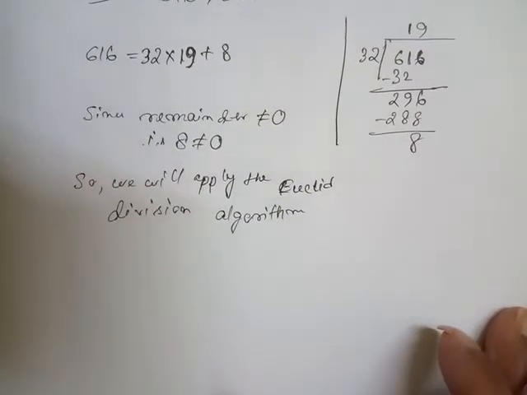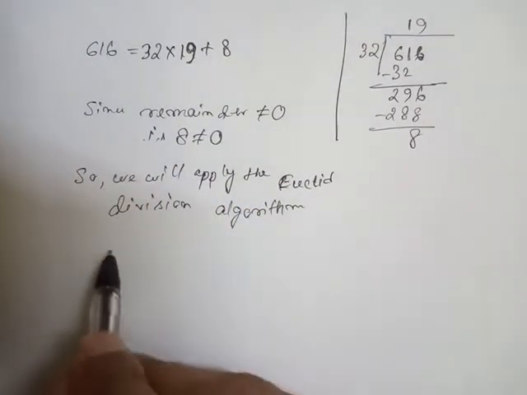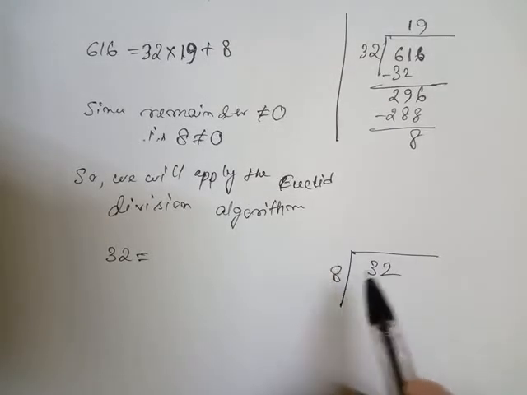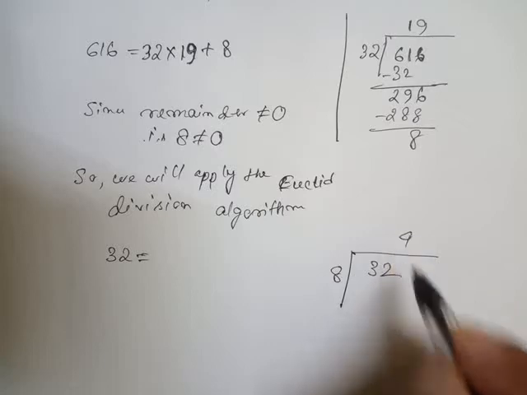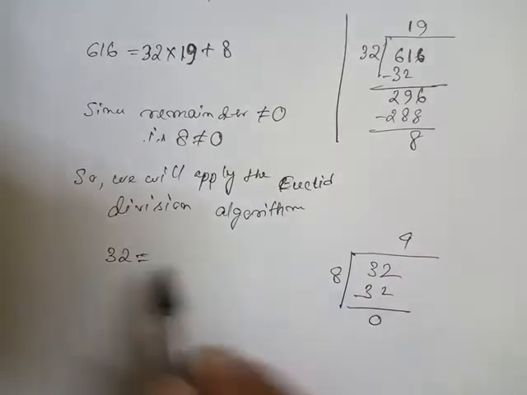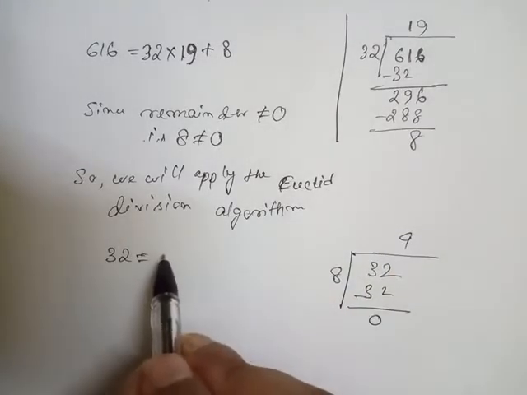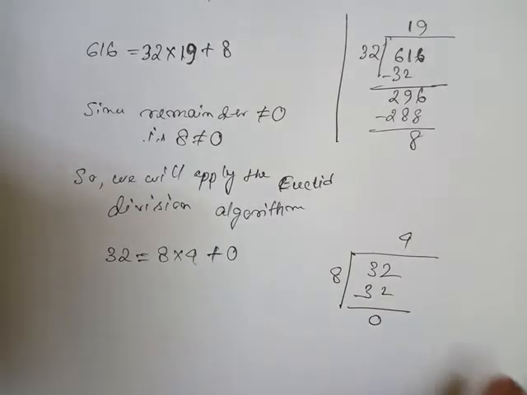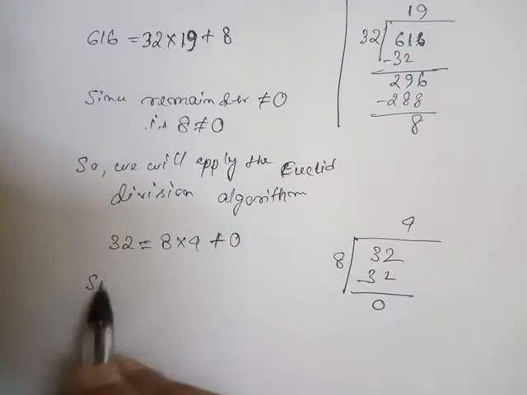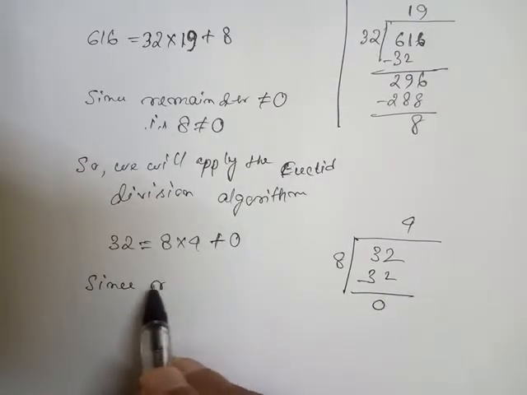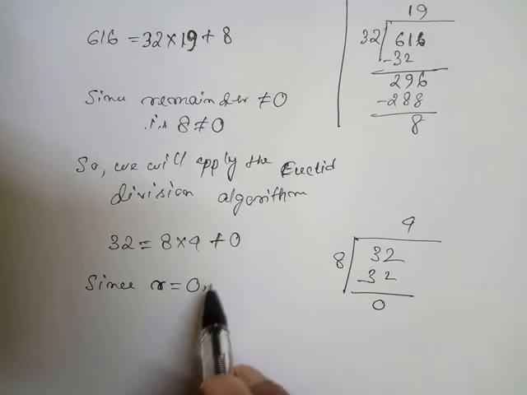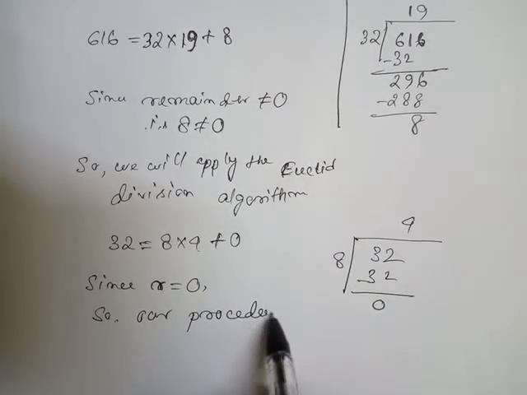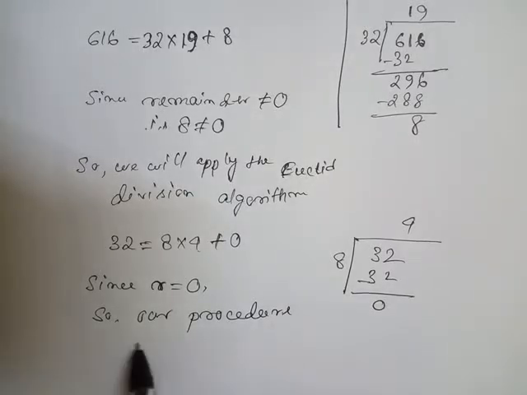Now look here, student, 32 and 8, so we'll go for the division again. 32 divided by 8, 8 into 4 is 32, remainder is 0. So here we'll write that 32 equals 8 into 4 plus 0. Since the remainder r equals 0, our procedure stops.